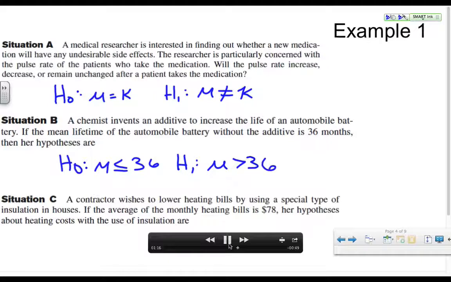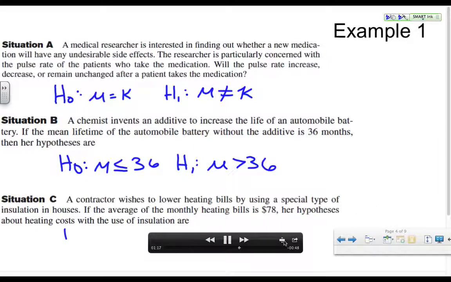You will always see H0 written first, but when you're actually finding it, you will usually find the H1 first because that's what you're looking for. So I want to say that the mean lifetime is greater than 36 months. So my alternative hypothesis is that the mean will be greater than 36 months. My H0, or my null hypothesis, is that it will be less than or equal to.